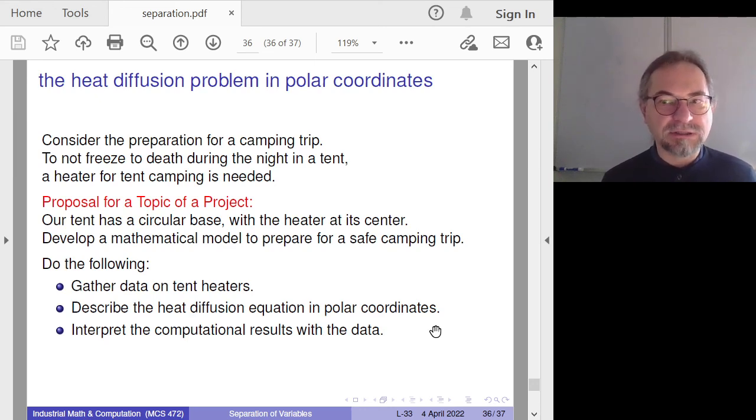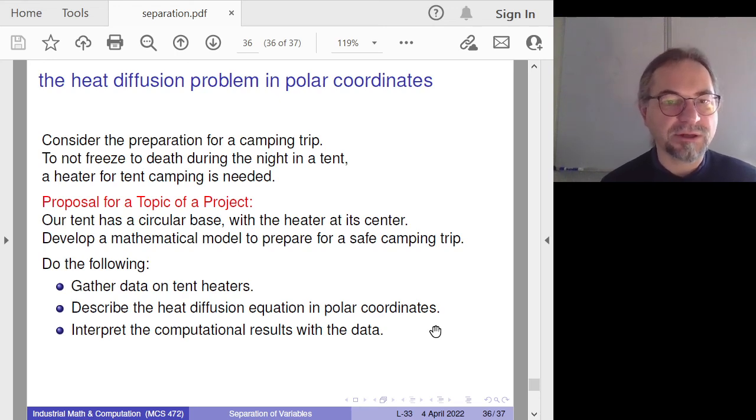You can still see this as a one-dimensional problem, but suppose we now have a circular base for the tents. Tents are typically not insulated at the end, but now there is a heat source in the middle. For safety reasons, you don't want people to have to huddle too close to these heating units.